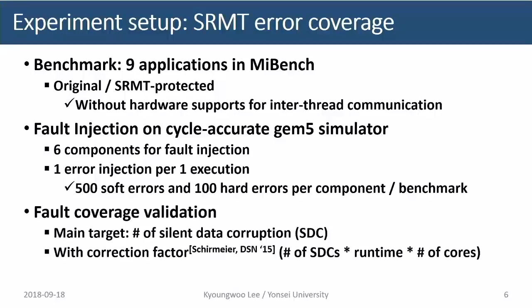For fault coverage validation, we consider the number of silent data corruptions. Silent data corruption is important because it can result in incorrect output even though you have a detection mechanism in your system.